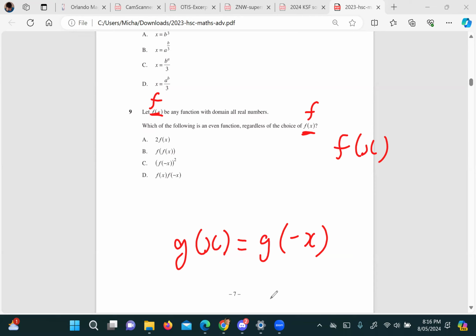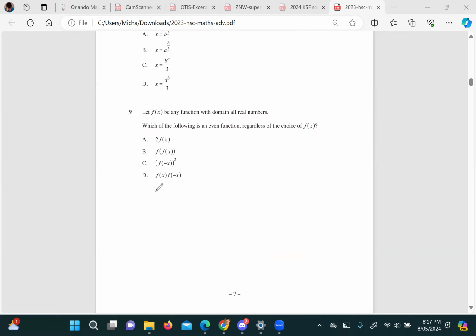So which of these is even? D. Yeah. Maybe can you also show why the others are not even? Is it obvious? Can you show us your working for why D is even?